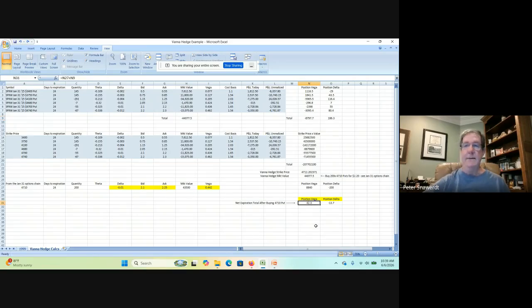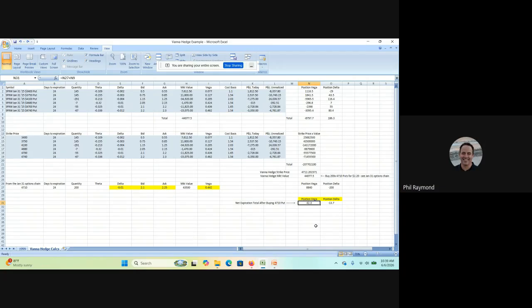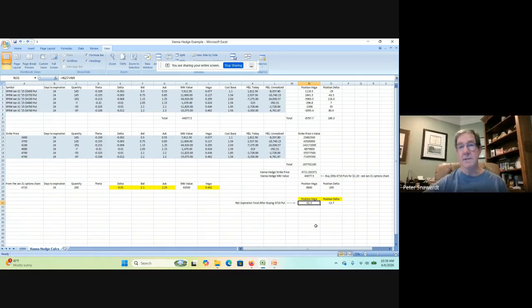By adding the Vanna hedge, I have significantly desensitized that portfolio by about a factor of 20 to 1. You agree with that? Yeah. In fact, I actually made it slightly long volatility with that one Vanna hedge. So yes, it does desensitize the portfolio to that big spike.